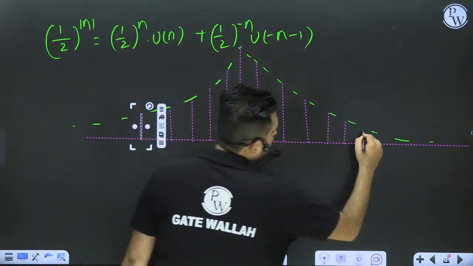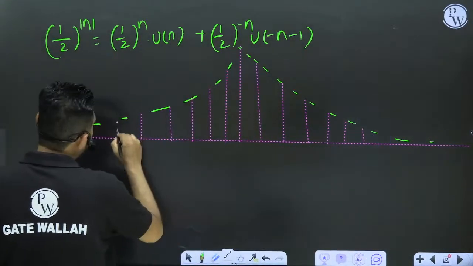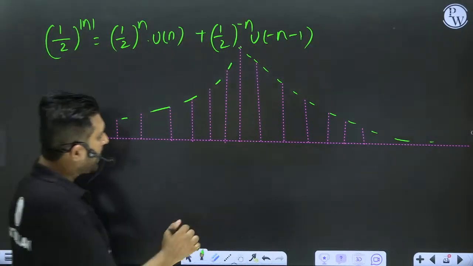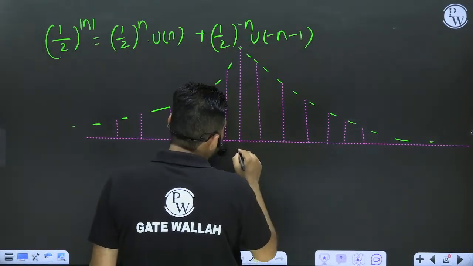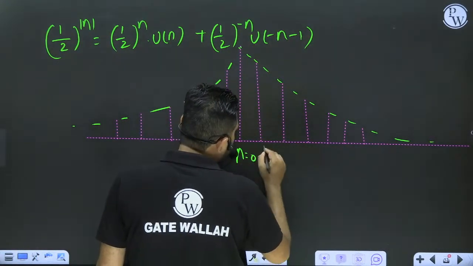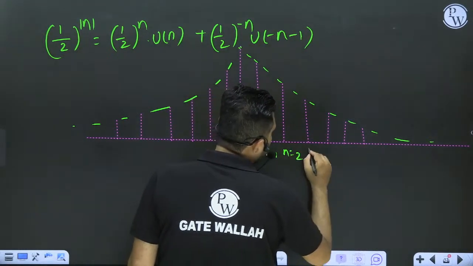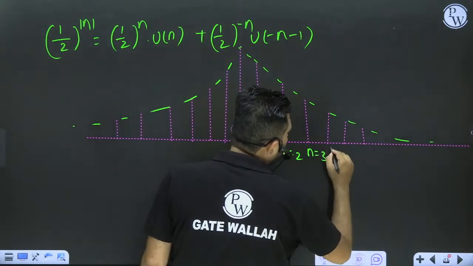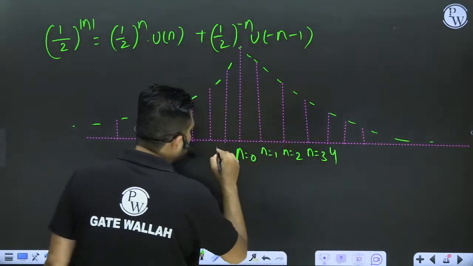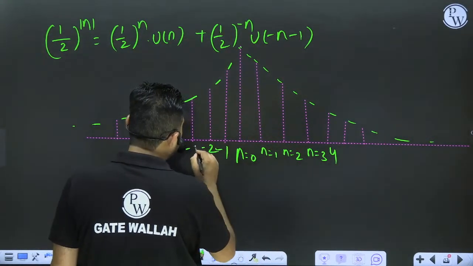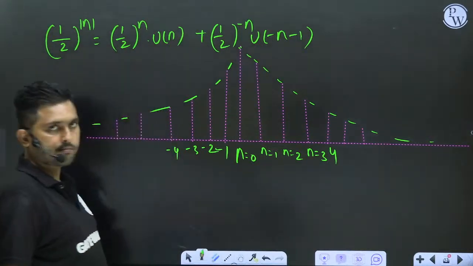And so on, like this. So this is at n equal to 0, this is at n equal to 1, this is at n equal to 2, this is at n equal to 3, 4, this is at n equal to -1, -2, -3, -4, like this.